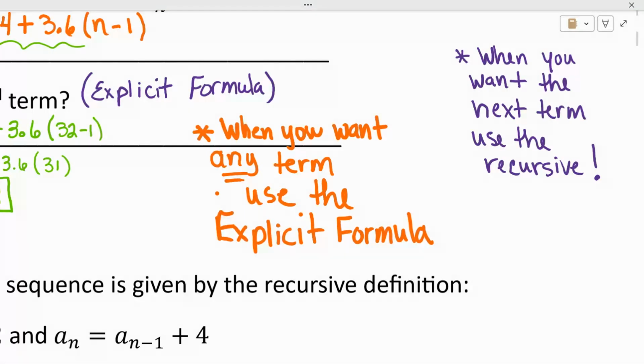Explicit tells you any term. That's why we like it, okay? Recursive requires that you know the one that comes before it. So if I want the next term, I can use the recursive, because I know the one that comes before it. But if I don't know the one that comes before it, I have to use the explicit. Does that make sense?